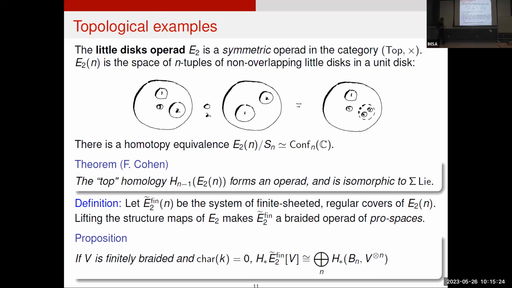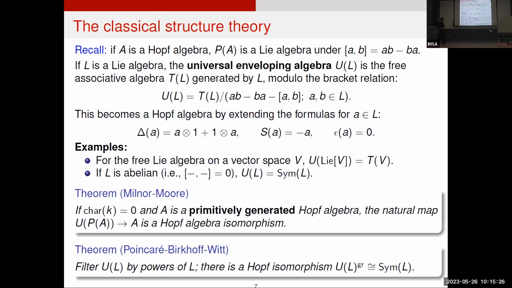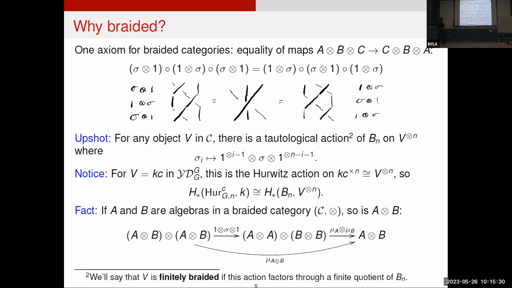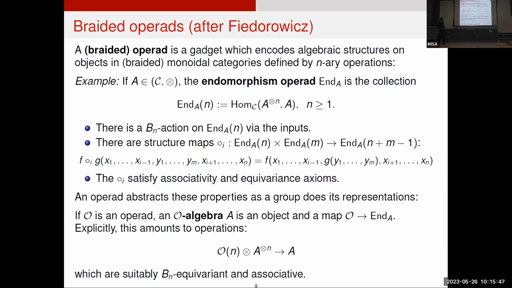So if we go back, where were we? Our goal was to compute the homology of Hurwitz spaces. We reinterpreted that as the homology of the braid group with coefficients in the tautological representation, the tautological action on this Yetter-Drinfeld module.